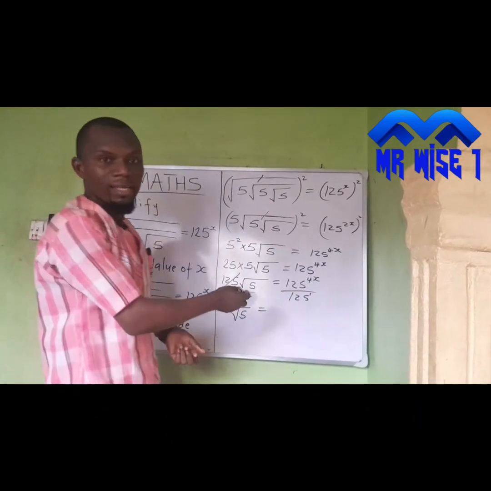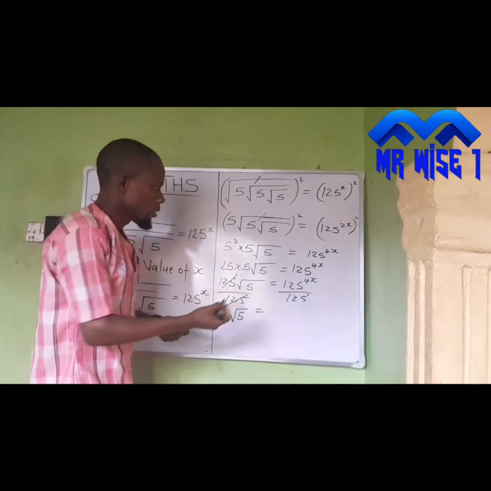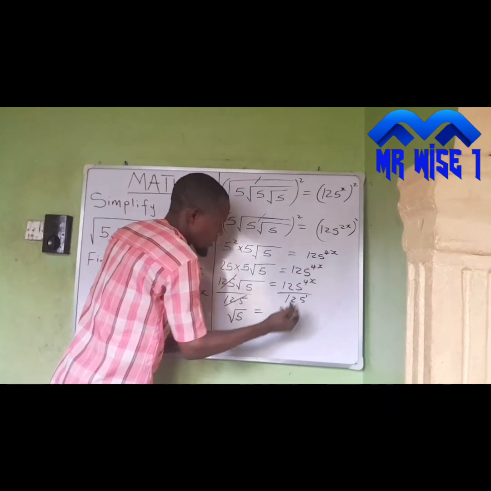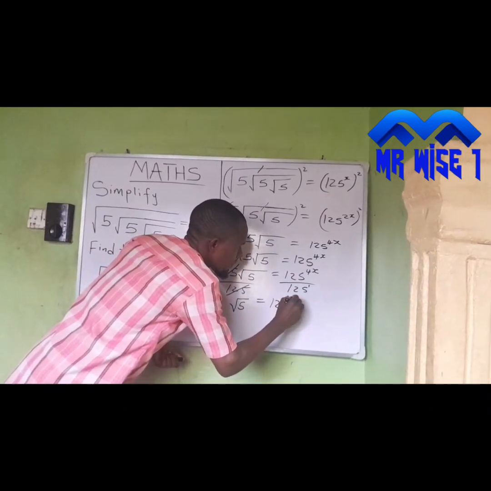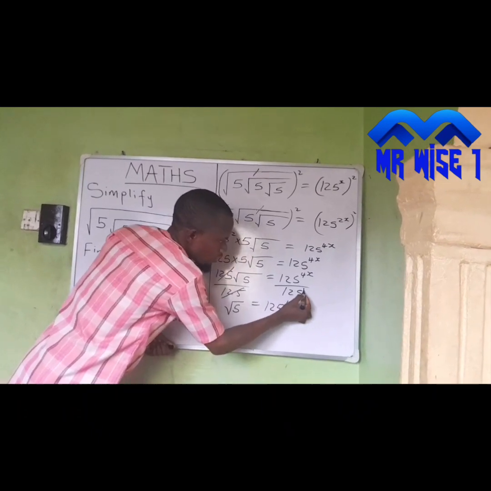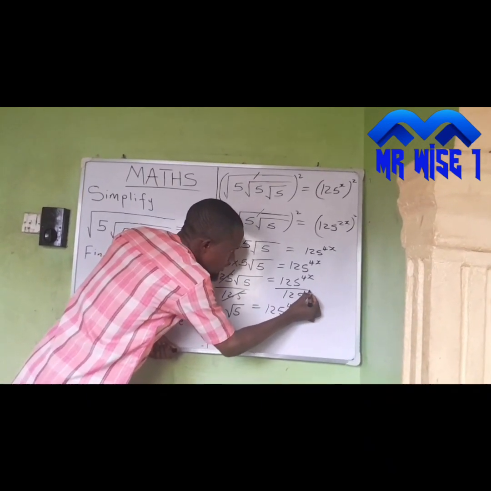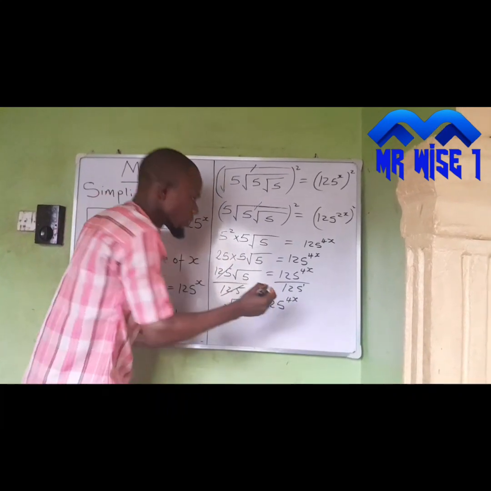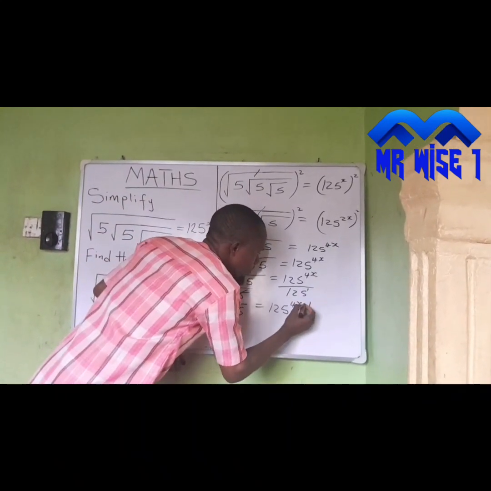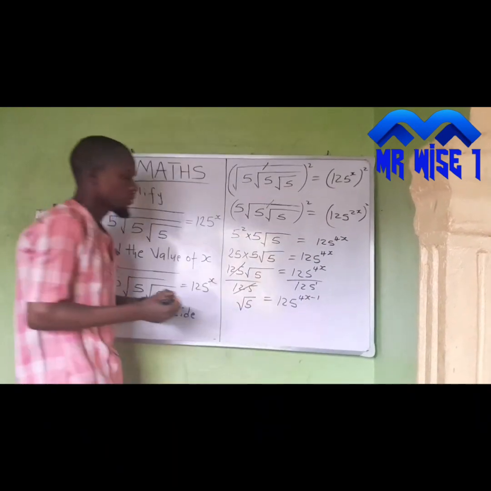So I want to apply indices there. I'll move this now to this, so I'll have 125 to the power of 4x. Once 1 is crossing, the positive sign will change to a negative sign. So I have minus 1.